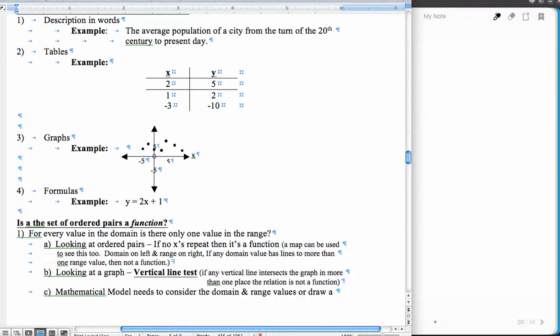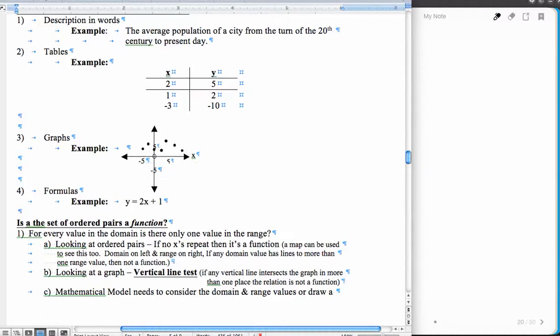If we look at a graph, we're looking at something called a vertical line test. In other words, anywhere that I draw a vertical line, it can't hit more than one point in the relation for it to be a function. So I could draw any vertical line here, and it's not going to hit any two of the dots at the same time, and so it passes the vertical line test. This graph here is the graph of a function.